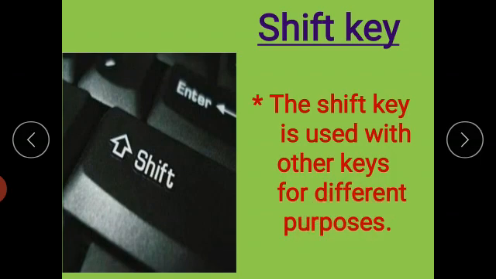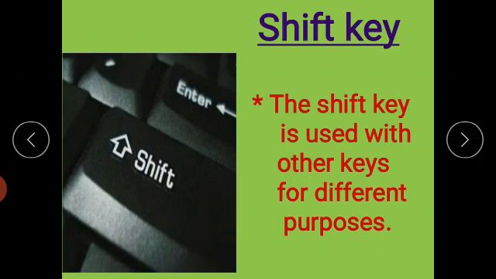But children, the shift key is never used alone. Means, if I want to press number 1, we have to press the number key where number 1 is written, and you get number 1 on your screen. But if you press the shift key, nothing is shown on your screen.